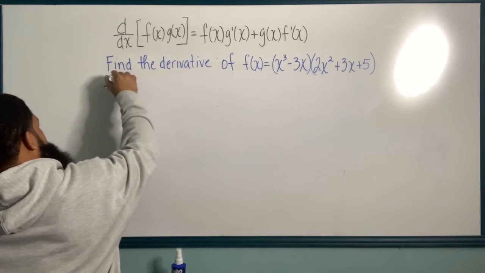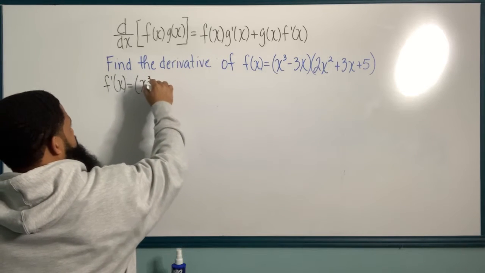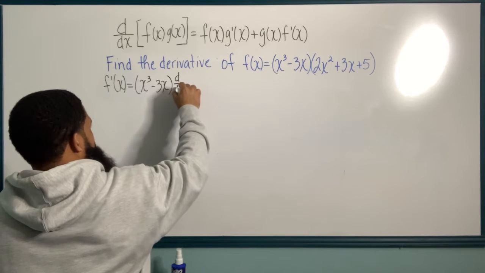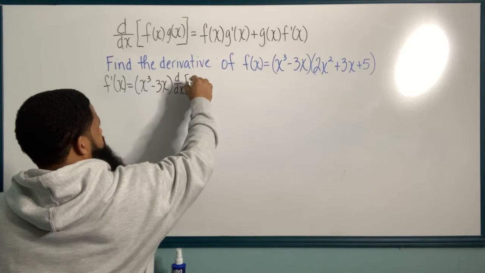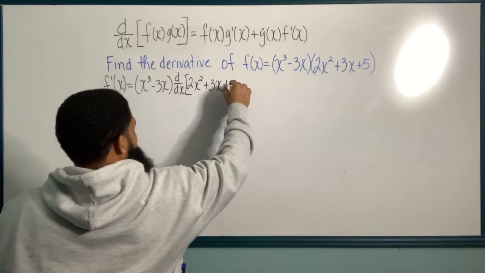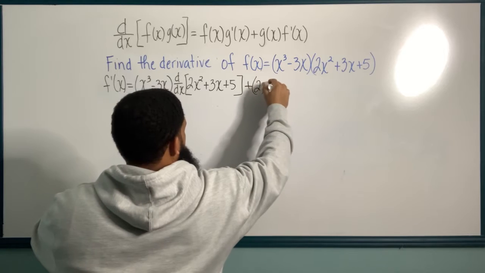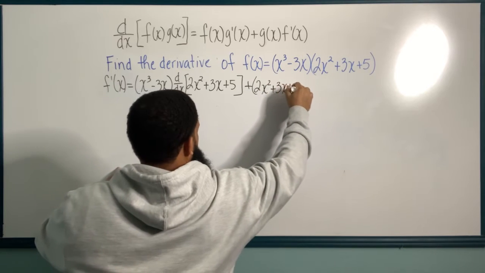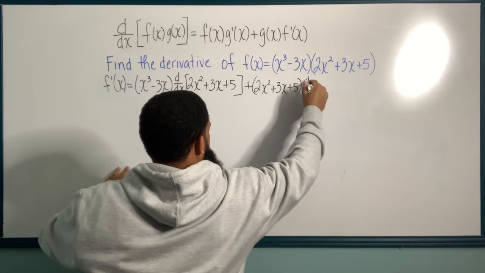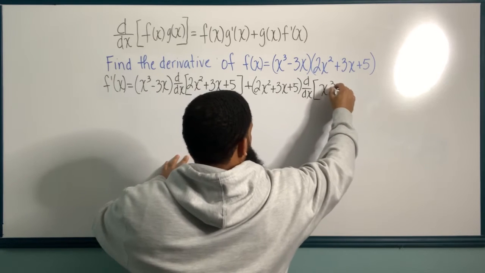F prime of x is going to be x cubed minus 3x times the derivative of 2x squared plus 3x plus 5, and then plus 2x squared plus 3x plus 5 times the derivative of x cubed minus 3x.